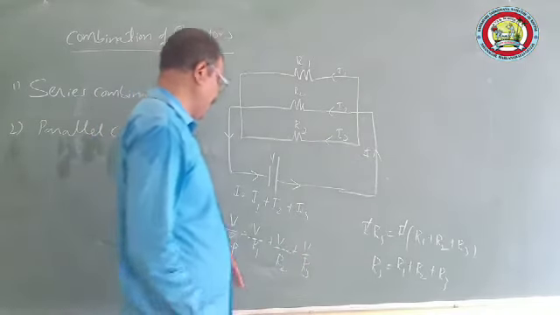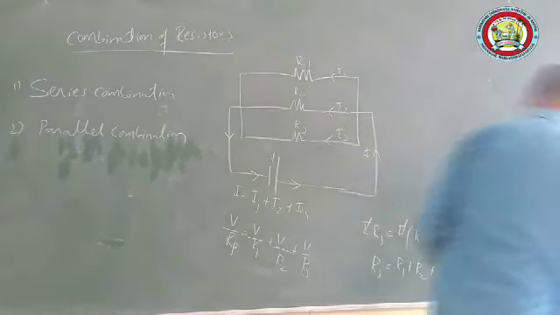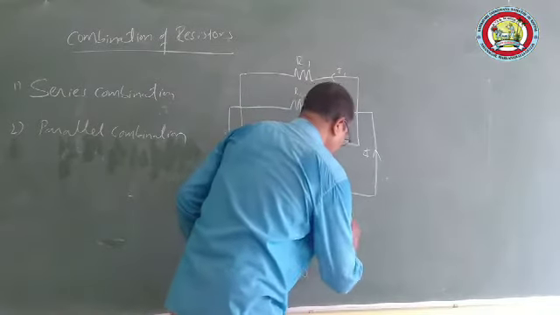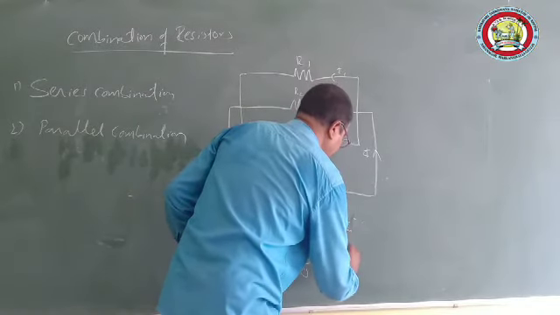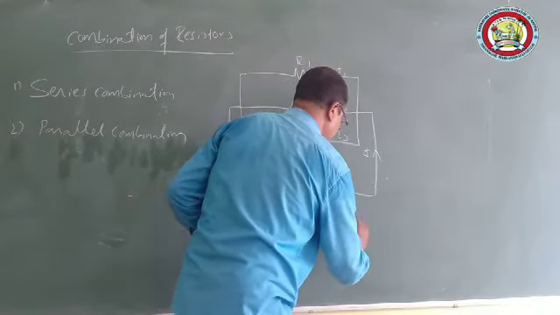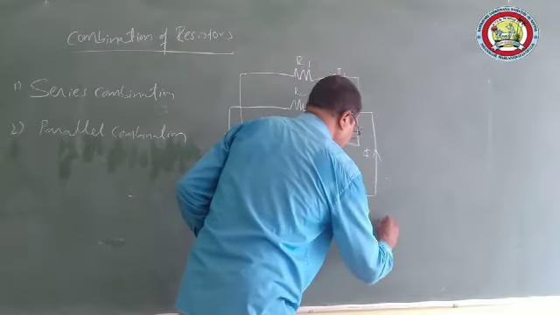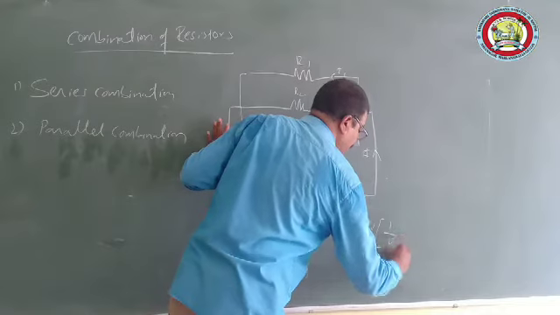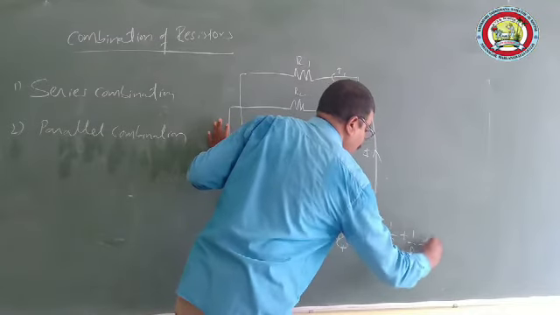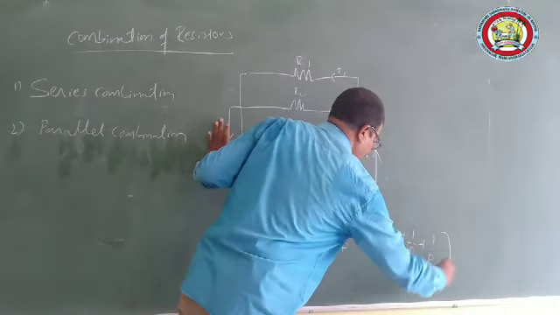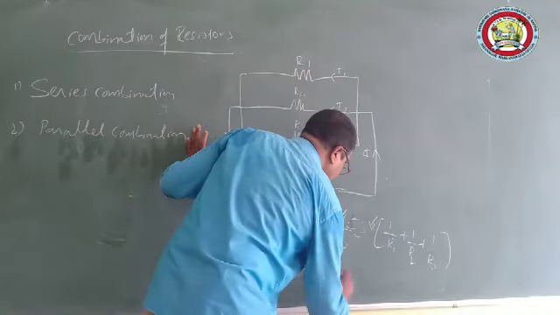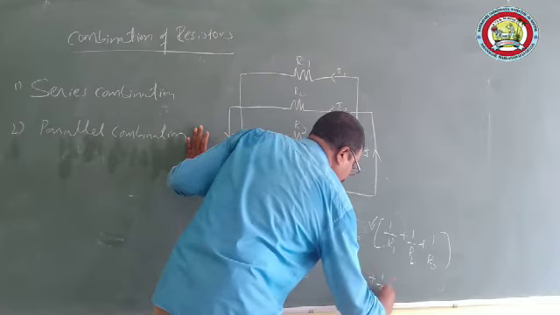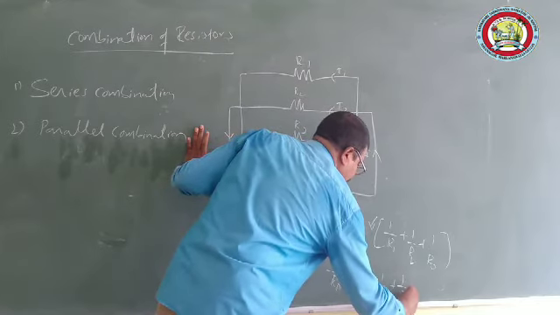Now V by Rp is equal to, removing the constant V outside, I will be left with 1 by R1 plus 1 by R2 plus 1 by R3. So V and V will cancel, and you will be left with 1 by Rp is equal to 1 by R1 plus 1 by R2 plus 1 by R3.